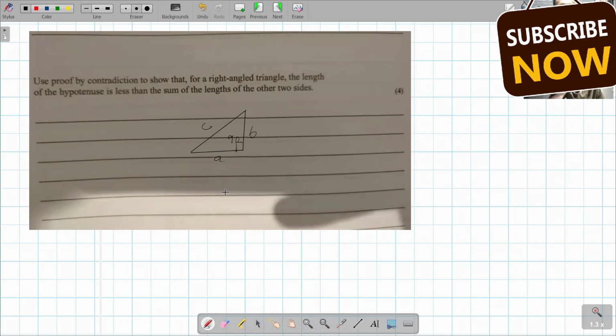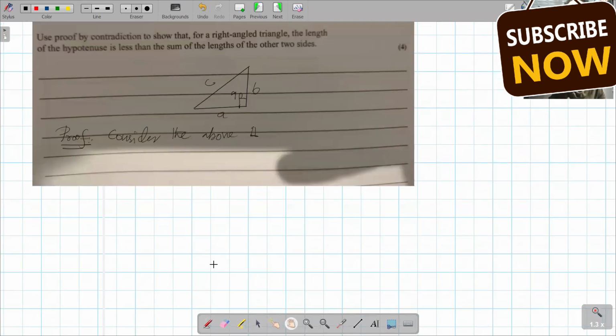We can prove it by contradiction. In contradiction proofs, you suppose the opposite of what we have to prove. So consider the above triangle. You will write like this.